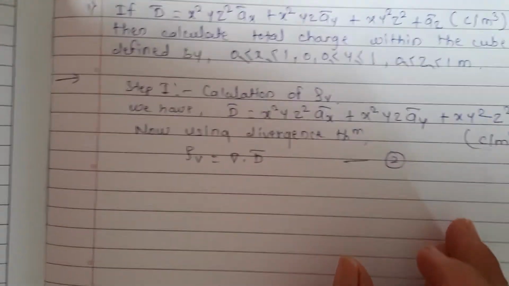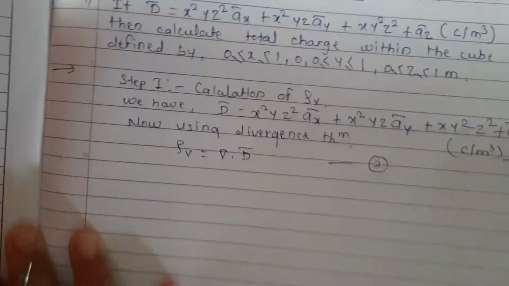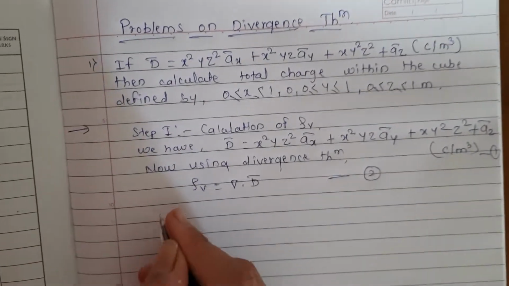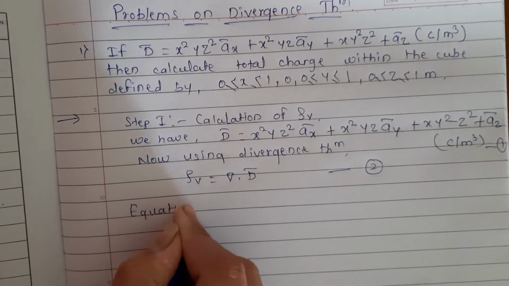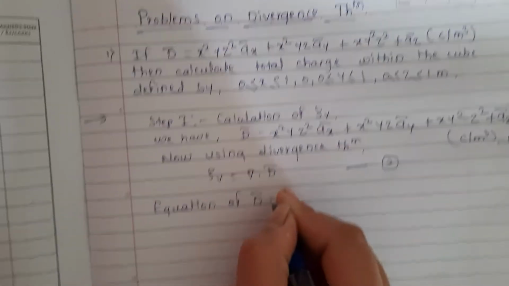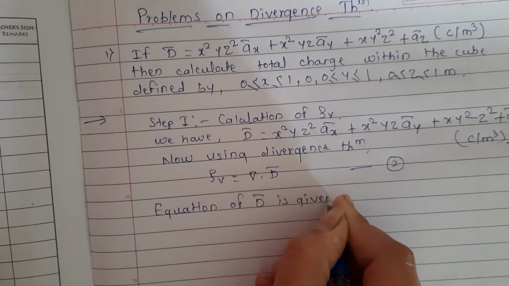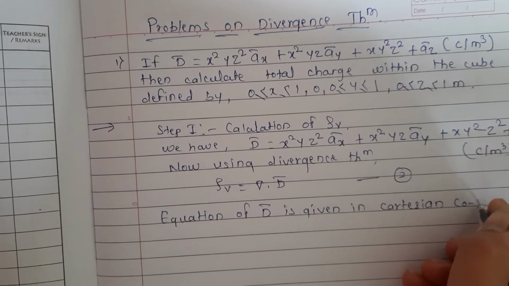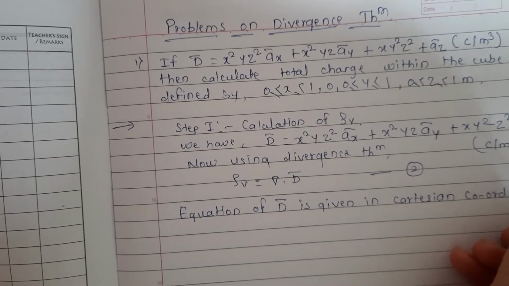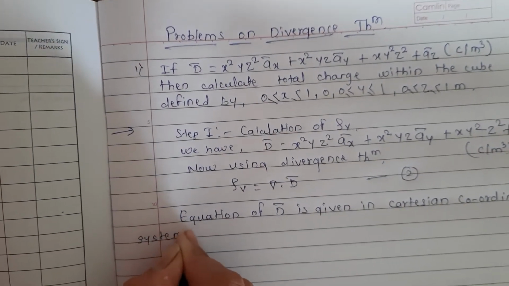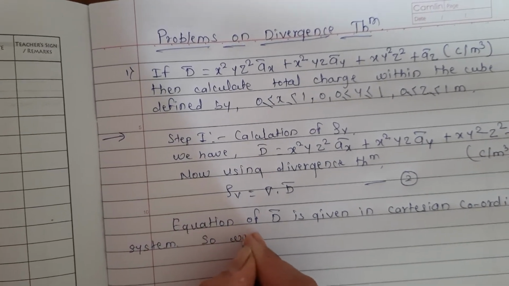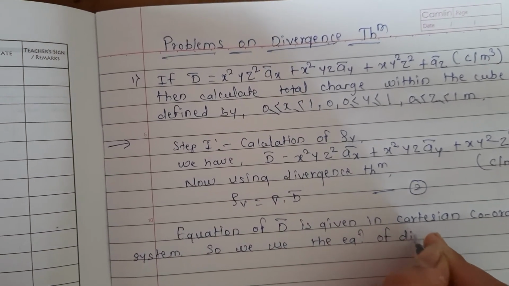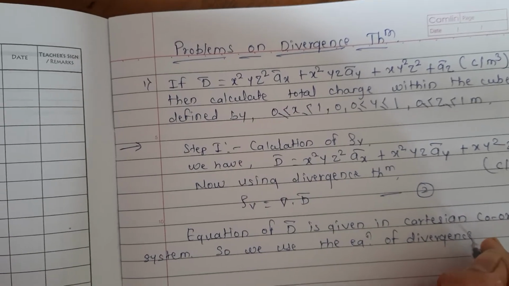Now D bar is given in the Cartesian coordinate system, so we use the equation of divergence in Cartesian system.